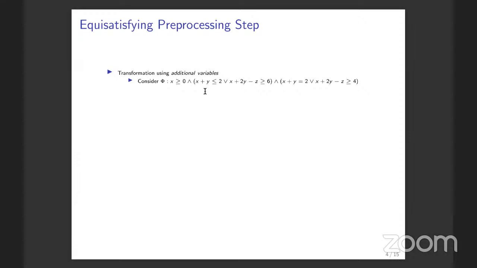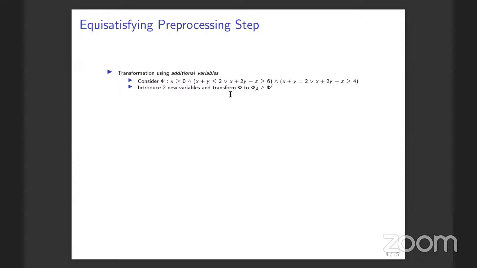So here is something which is not a conjunction of formulas, okay? But yes, it is arbitrary, although simplex itself is for the conjunctive fragment. So I will illustrate this equi-satisfying pre-processing step on an arbitrary linear arithmetic formula that has an arbitrary propositional structure. So you look at all the non-variable terms here. In the formula, there are two terms that are not variables, x plus y and x plus 2y minus z.